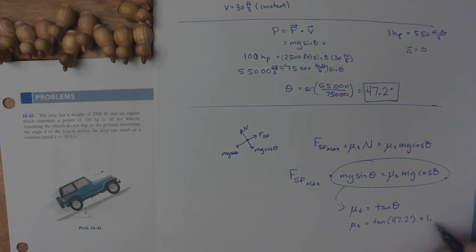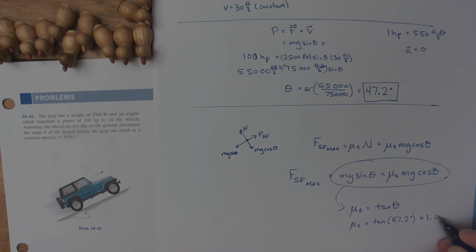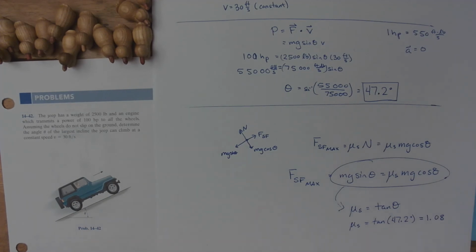Have we ever encountered a coefficient of static friction which is greater than 1? Well, you probably didn't see anything like that in Physics 161, and although it isn't impossible, it's highly unlikely that the Jeep is going to have tires with a coefficient of friction greater than 1.